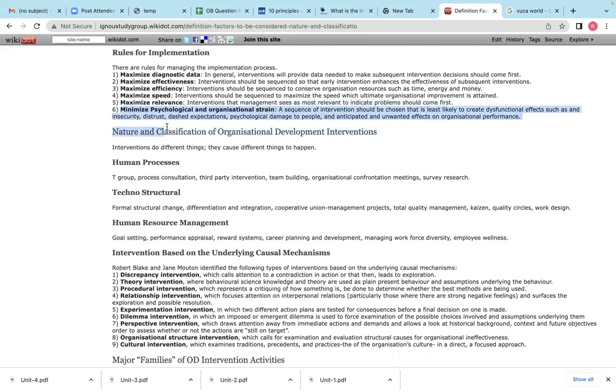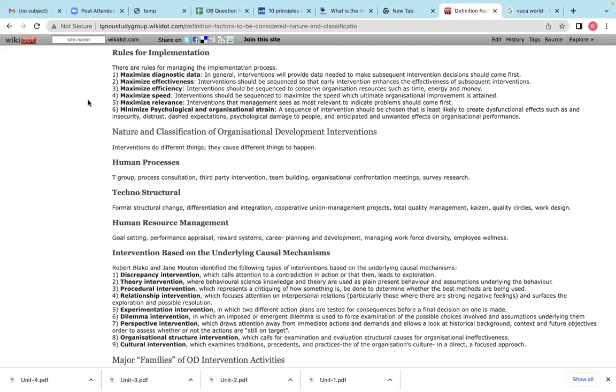So these are the 6 rules. I think these rules are self-evident because that is what we would want to do in any case. We want to gather as much data as possible so that we get a better decision and we make a very effective change as well, and very efficient with greater speed.